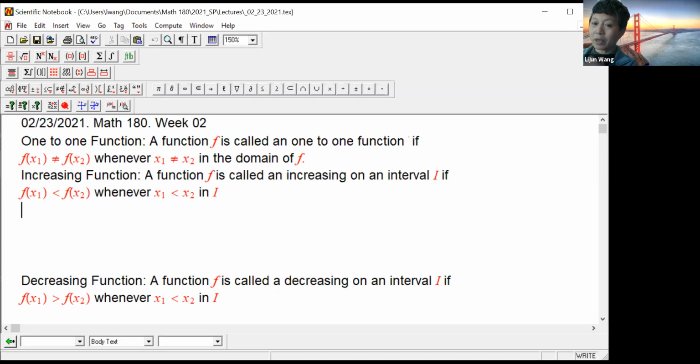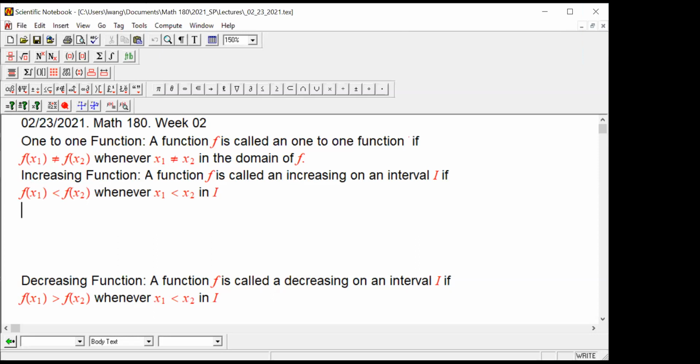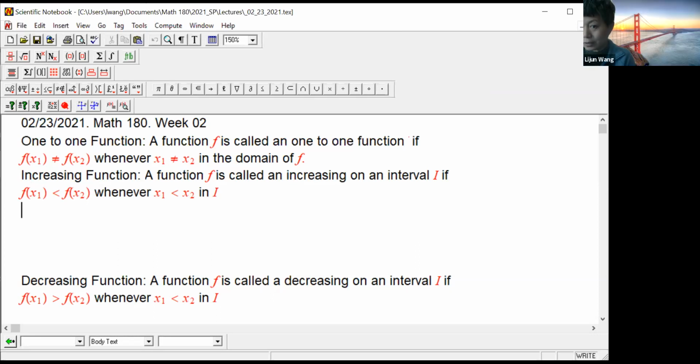How about x squared? Y equals x squared. That would be increasing too, x squared? Yeah. Okay.